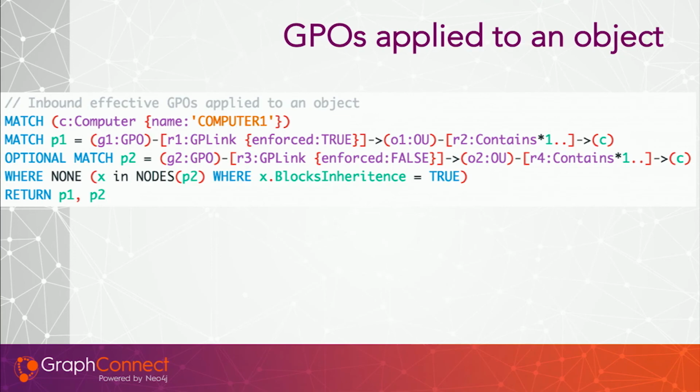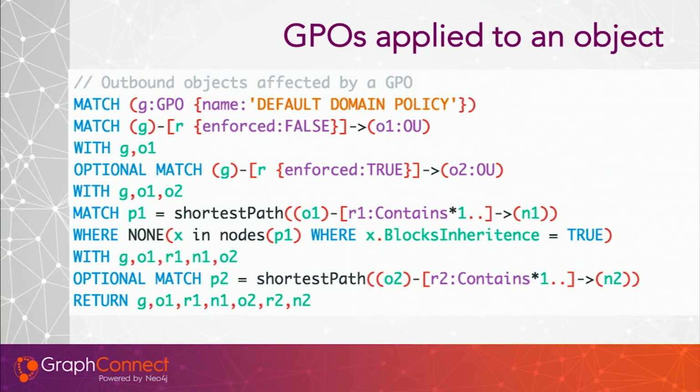The other way around, from objects to the GPOs that actually apply to them, is a little more complex. So that looks like this. I'll give you a second to look at that. So this is a little more complex, and I guarantee somebody in this room knows how to write this more efficiently.